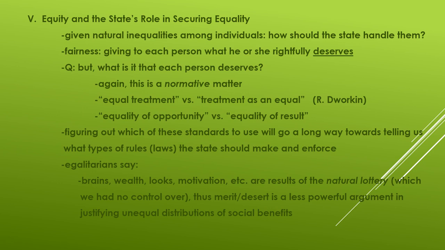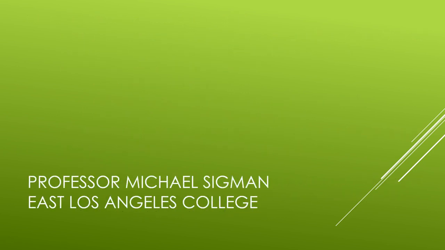So it would be inherently unjust of us to design a system of reward and punishment that's based on something that's out of our control. So egalitarians really have an interesting way of undermining those arguments based on merit in dealing with inequalities in society. So we have good stuff here in our third and final unit, and I hope you enjoy your readings.